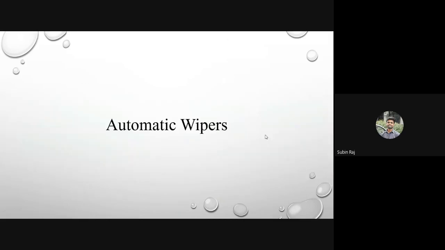And one last thing is about automatic wipers. Automatic wipers can be seen in most of today's and upcoming cars. Automatic wipers means there will be a rain sensor outside the vehicle, near the windscreen.